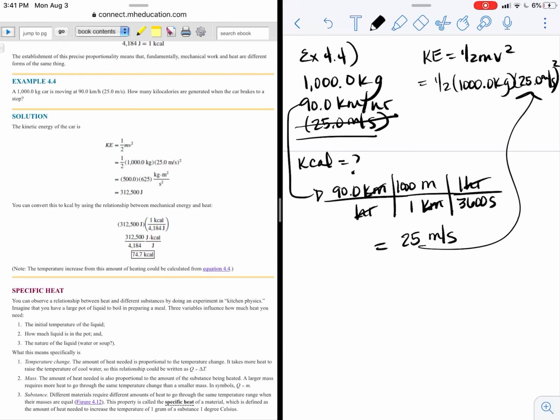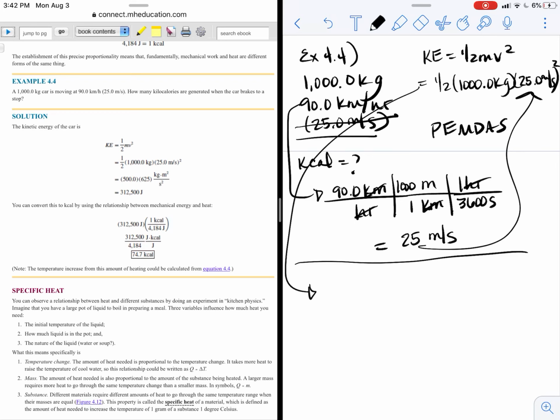That's where that is. All right, so now remember, because of PEMDAS, you're going to do your exponent first. So 25 times 25 times 1,000 times a half gives you, I know I've got like a ton of arrows going here.